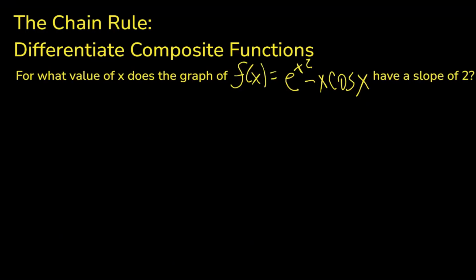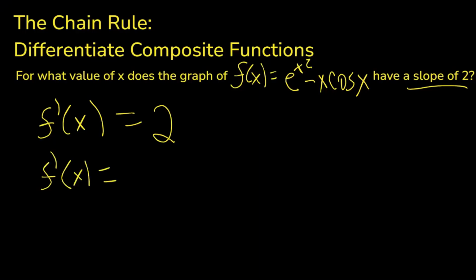For what value of x does the graph of f of x have a slope of 2? This is essentially solving the equation f prime of x equals 2 because it has the slope of 2. So we would have to take the derivative, set this equal to 2, and then solve for x.